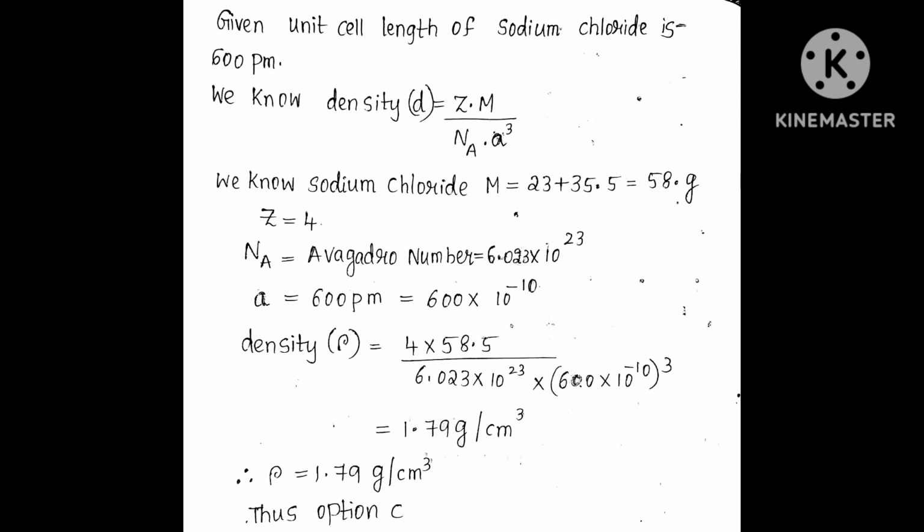The defects are basically irregularities. What actually are defects? Defects are basically irregularities in the arrangement of constituent particles. They are not arranged in a proper way.